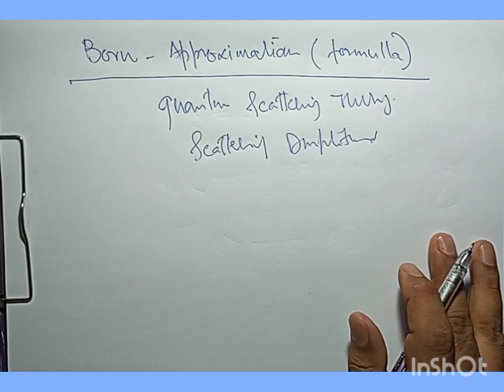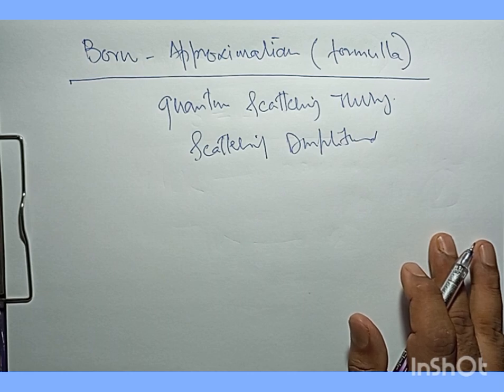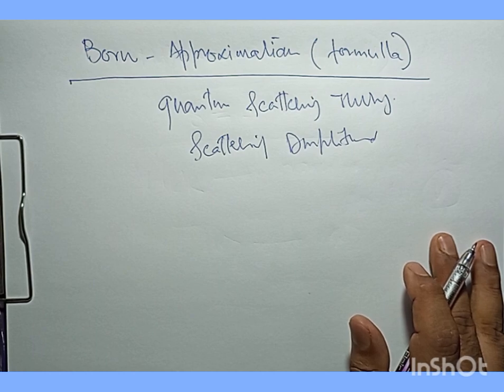When the interaction potential is weak, we would like to go with the first Born approximation, and it gives the leading order term in the perturbation expansion of scattering amplitudes. Now, in this case, we will try to come from the upper side to go down to the lower side.